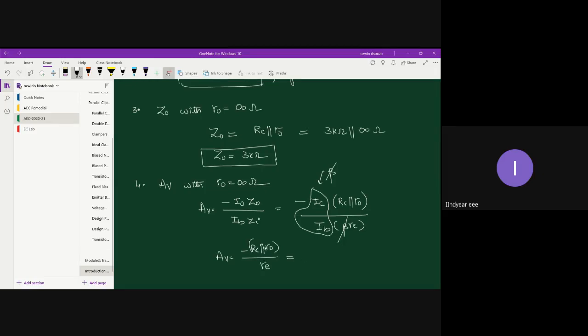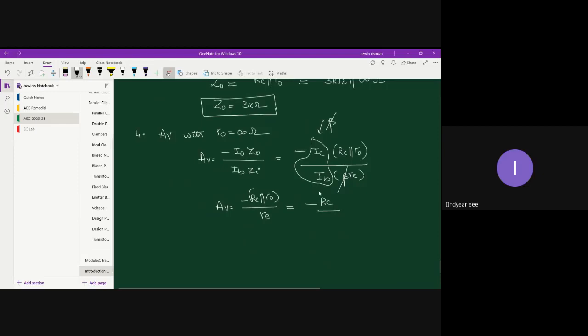We have already seen that when you have an infinite ohm resistor connected across RC, your output resistance becomes RC itself. So voltage gain in this particular case is going to be the ratio of collector resistor to AC effective resistance RE. So that's minus 3 kilo ohm divided by 10.71 ohms.